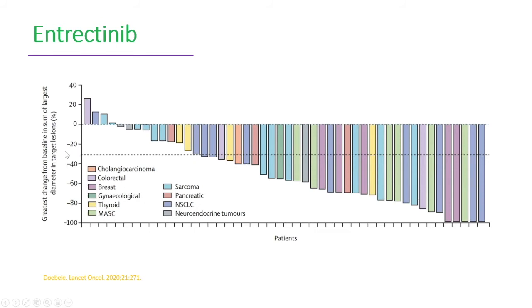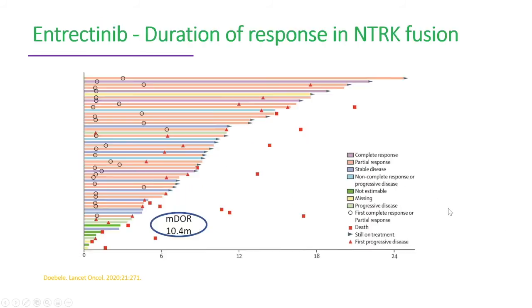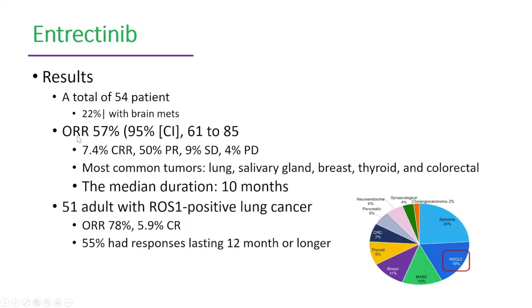It was very effective, and the response was around 57%, so it's a lower percentage, with 7.4% complete response and 50% partial response. And those are the distribution of cancers: lung, salivary gland, breast, thyroid, and colorectal. But the median duration was only 10 months, while with Larotrectinib it was not reached even after 1 year.